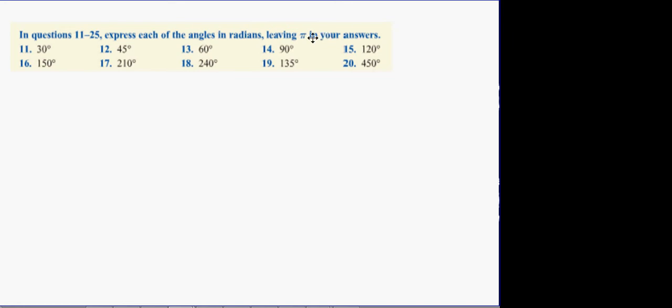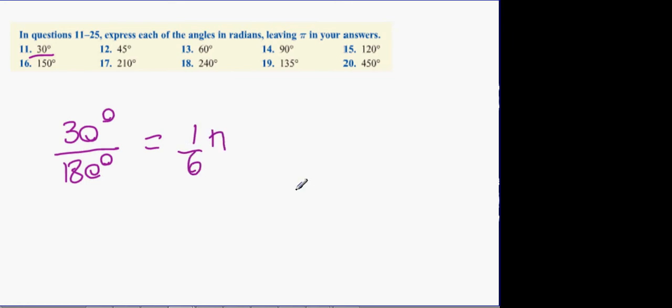Now here's what we do. Anytime you get a question that's in terms of degrees, write down your number of degrees and divide it by 180, and that will automatically turn it into terms of pi. So what's 30 divided by 180? A sixth. So it's a sixth of pi.